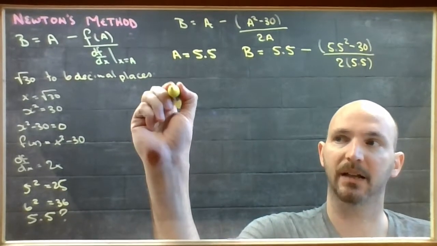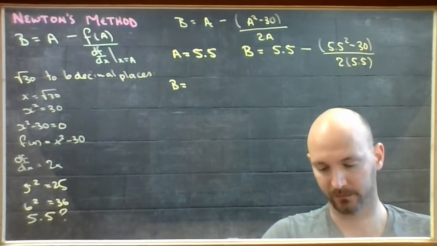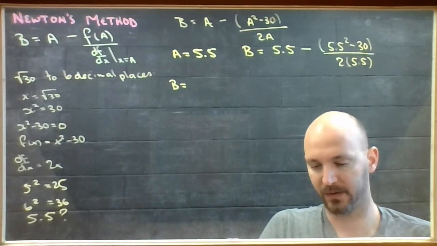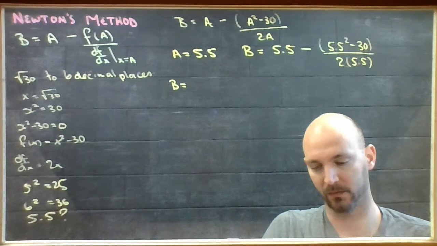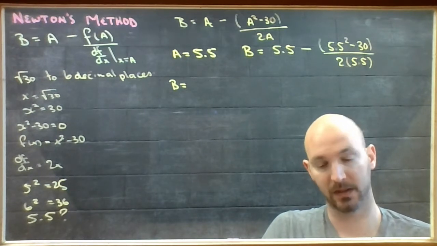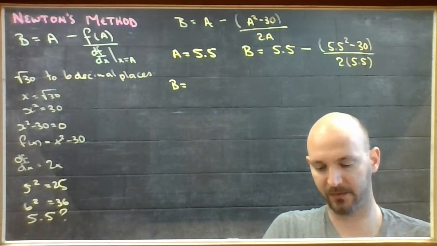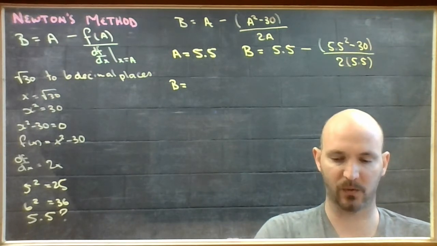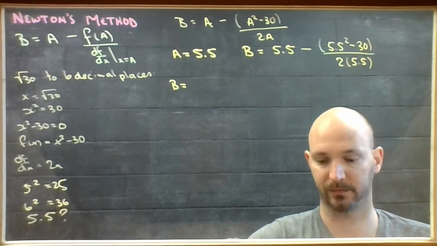So if I run that through a calculator, 5.5 squared subtract 30 is 0.25. 0.25 divided by 2 divided by 5.5 equals, and then 5.5 subtract that answer gives me 5.477. Put my marker away.